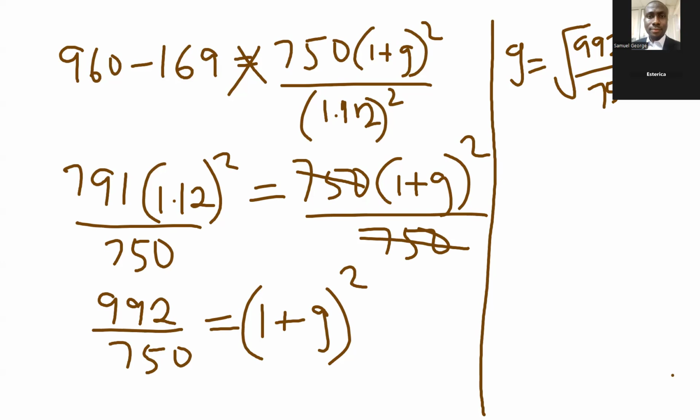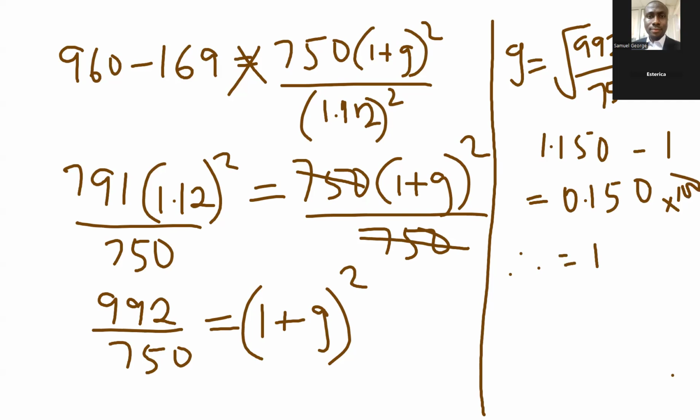Okay, so equal to 1.1501, minus 1. Let me say in 3 decimal places. That will be equal to 0.150. Therefore, multiplied by 100 to convert it into percentage, it is equal to 15%.